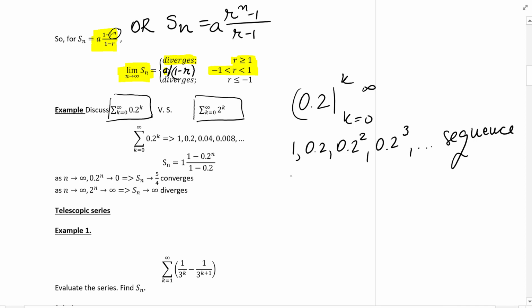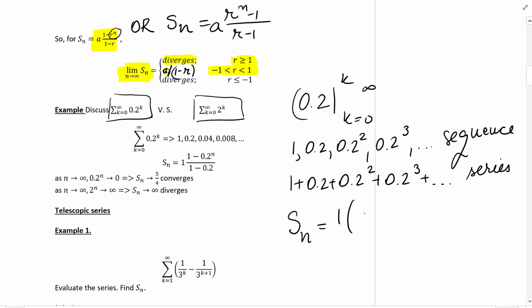Now, if we do 1 plus 0.2 plus 0.2 squared plus 0.2 to the third plus and so on, this is a series. So in order to check if the series converges, we calculate the sum of the first n terms. This one is a geometric series, so it's the first term times the common ratio, which is 0.2, right? To get to the next term, we always multiply by 0.2.